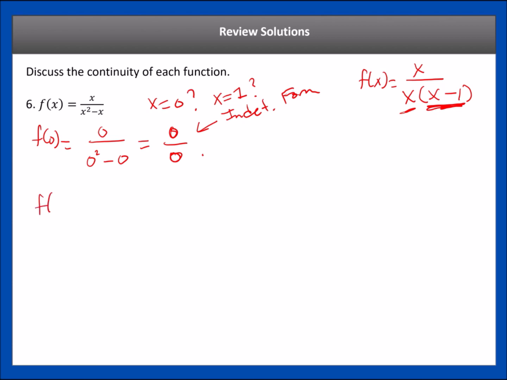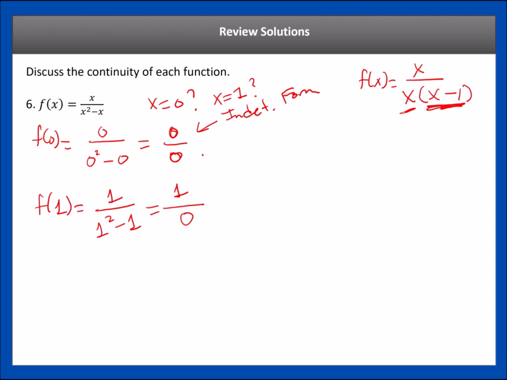If I do f of 1, I get 1 over 1 squared minus 1, which is 1 over 0. Notice the difference between these two. On the top one, which is 0 over 0, I get an indeterminate form, which indicates that there might be a hole, and there is a value when we do the limit. However, the function itself is undefined at that point.